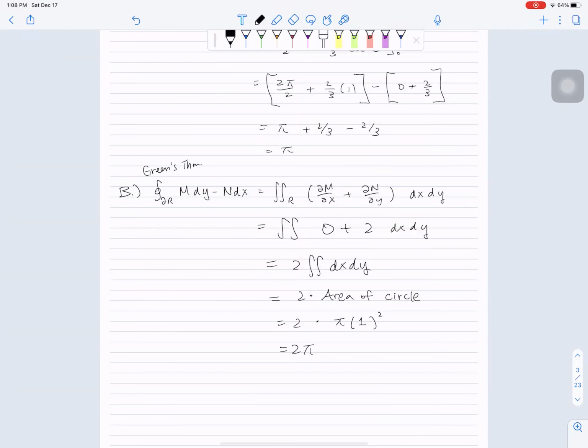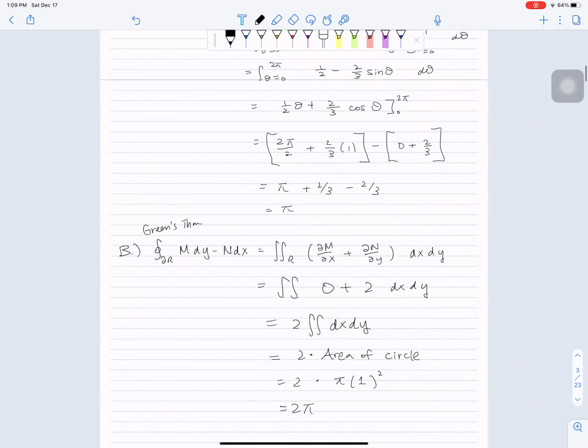Okay, so I have a question in the chat which says, for part A, does it matter if you include the r in the parameterization? Since we know it's a unit circle, I just left it as is and I still got pi.